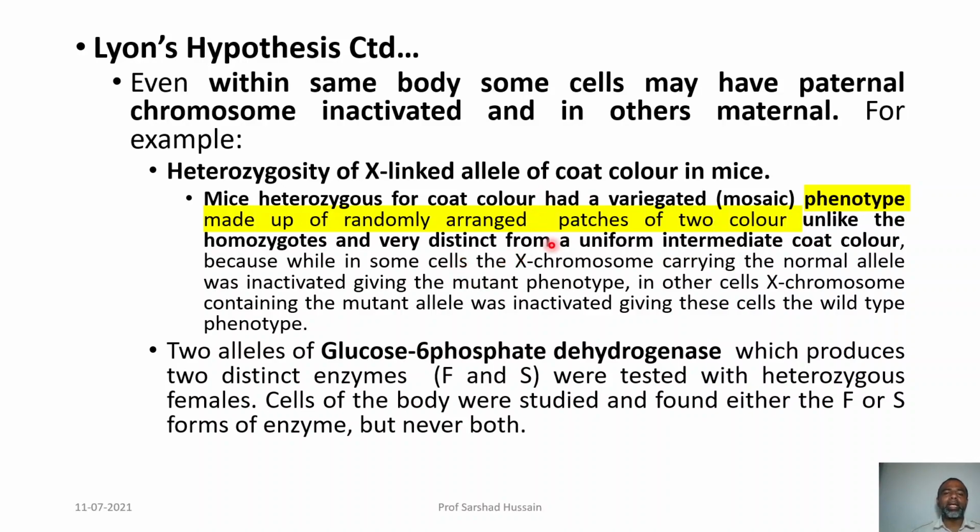So, this can be explained by the fact that in those cells where one type of X chromosome carrying one type of allele is inactivated, the other has got the chance to express, and when the other chromosome is inactivated, then the former one has got the chance to express itself. That is why there is not a uniform pattern of coat color all over the body, and not only a single color, there are also 2 colors.